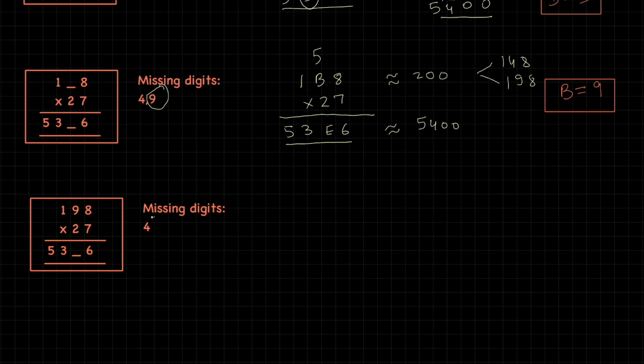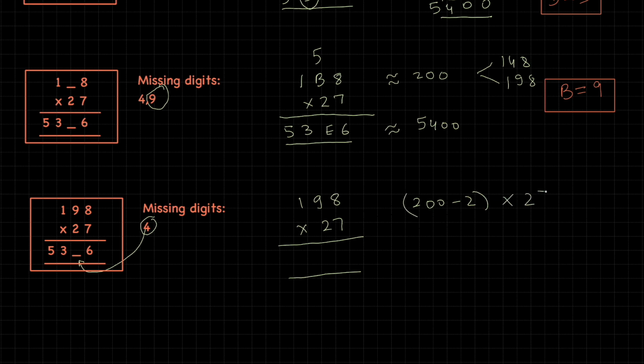There's only one missing digit now, which is 4, and only one slot remaining. It must belong here, but let's check our solution. Instead of calculating 198 times 27, I'm going to do 200 minus 2 times 27 and split it up.